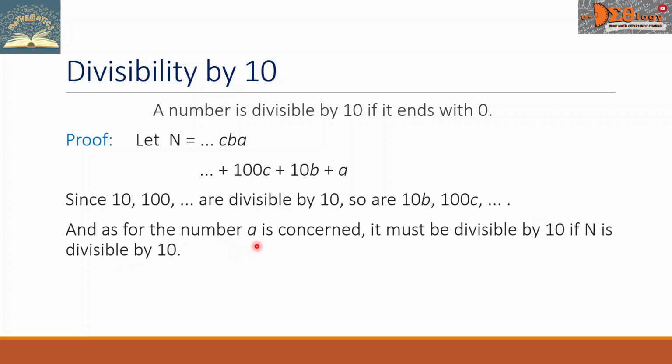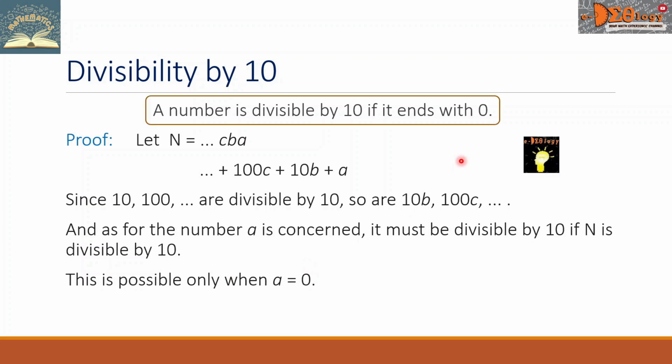And as for the number A is concerned, it must be divisible by 10 if capital N is divisible by 10. This is possible only when A equals 0. Again, we say that a number is divisible by 10 if it ends with 0.